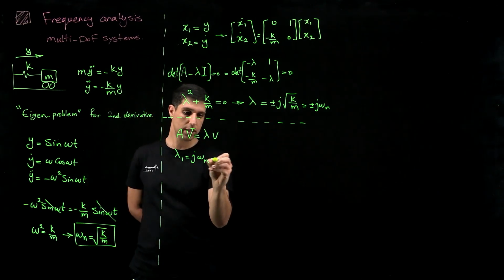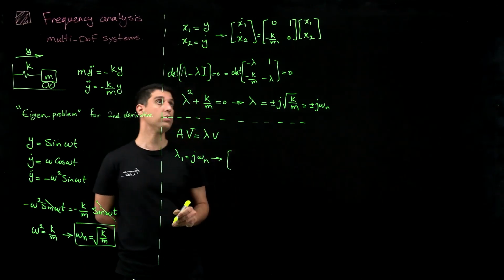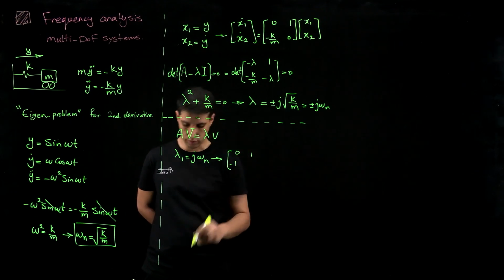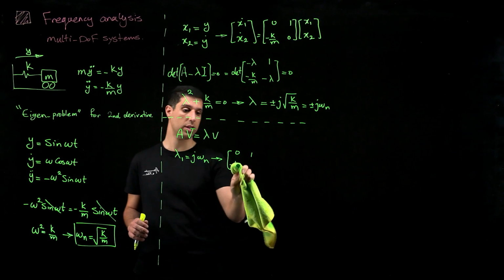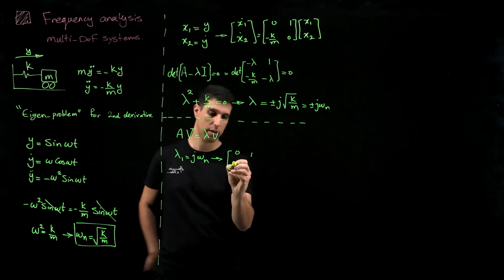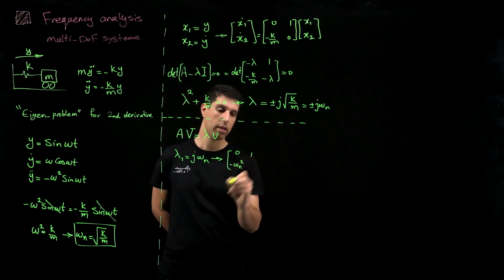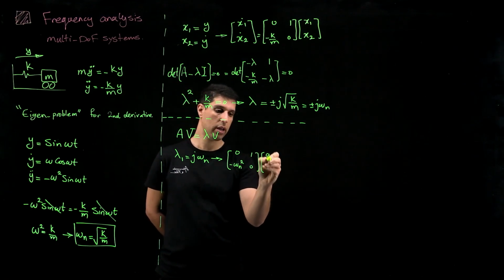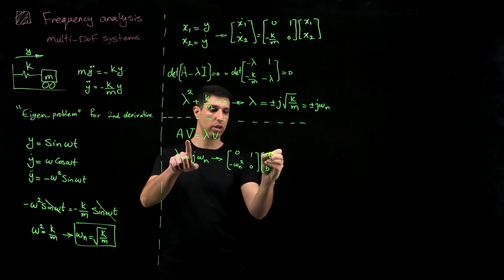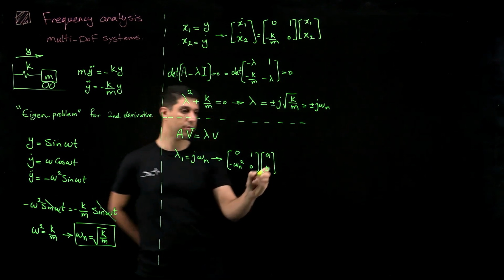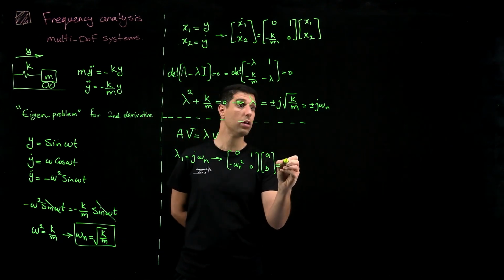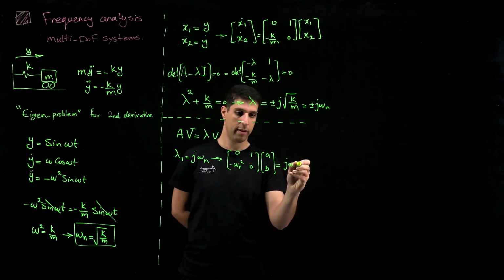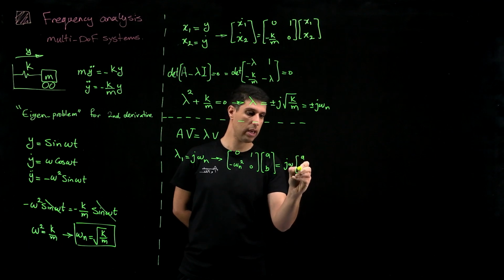So for this, I can write the matrix 0, 1, minus k over m, or I can write it as minus omega n squared, and 0, times my vector, which I'm going to write as a and b, which I want to find, equals lambda, j omega, times a and b.